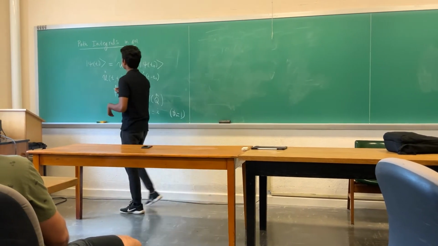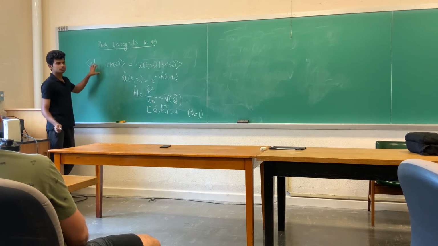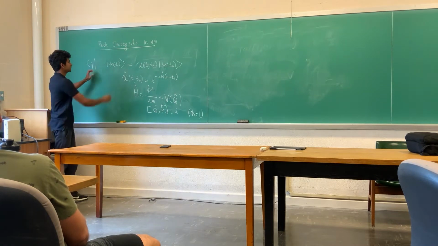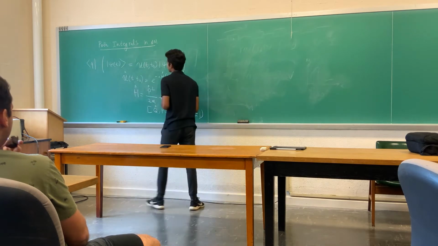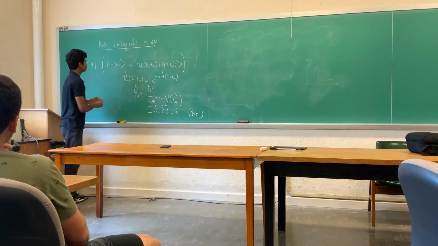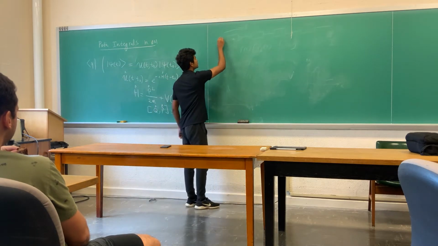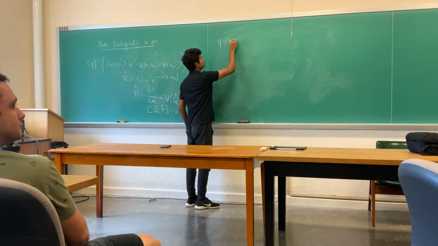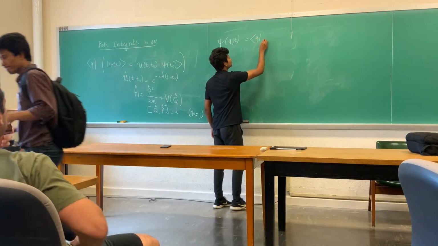I just take a coordinate basis and act it on this equation. What I get is this: if I act with q, this guy, I get the wave function, psi of q.